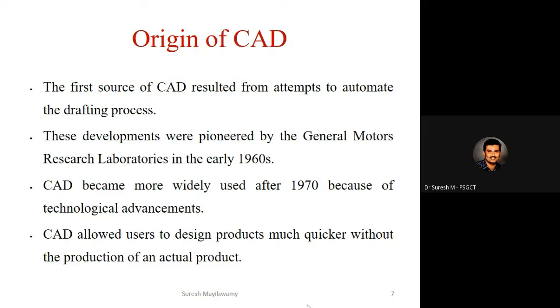So that is the main aim of the CAD software. And these developments were pioneered by General Motors Research Laboratory in the early 1960s. After introducing the CAD, it became more popular after 1970 because of the technological advancements and simplification of the drafting process.